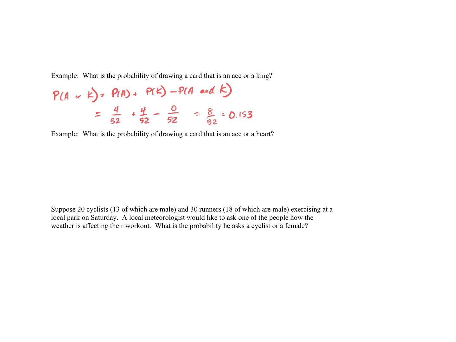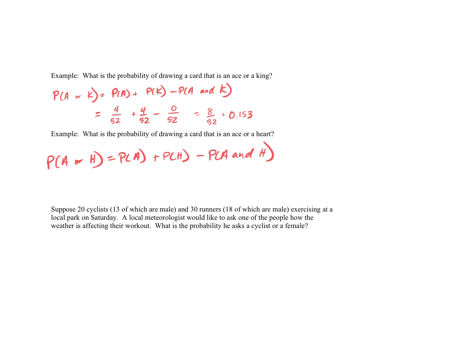What is the probability that a card is an ace or a heart? Again, I don't need to see this written out, but this is how you can be thinking it through.